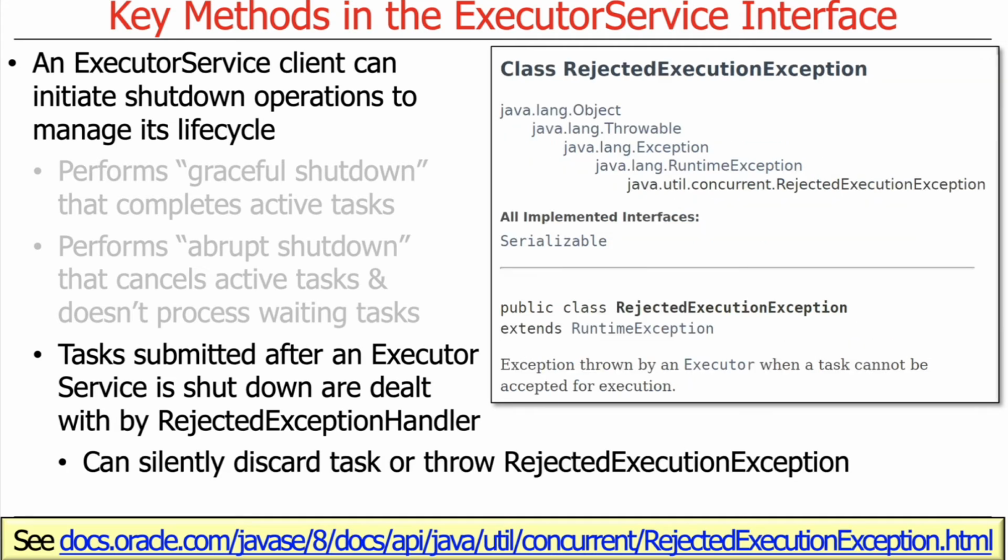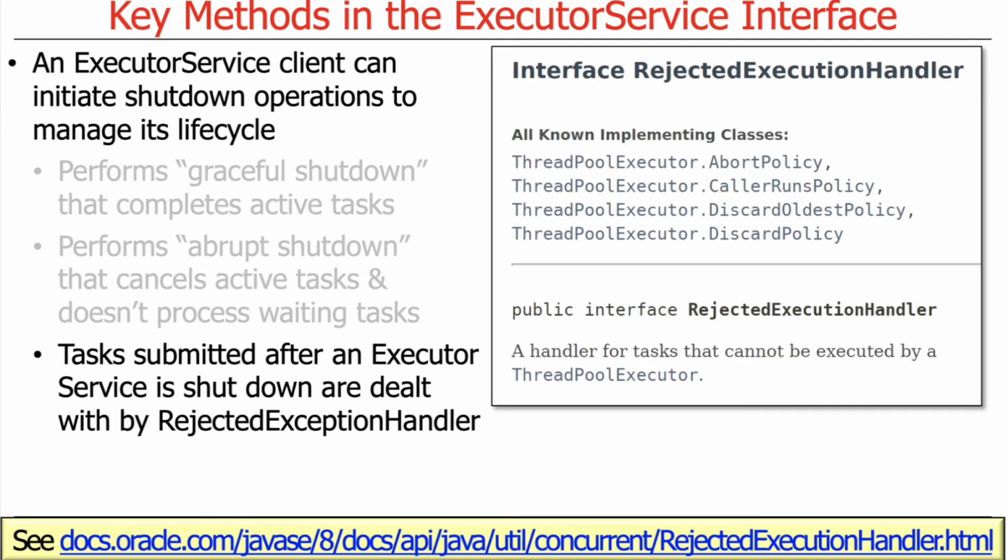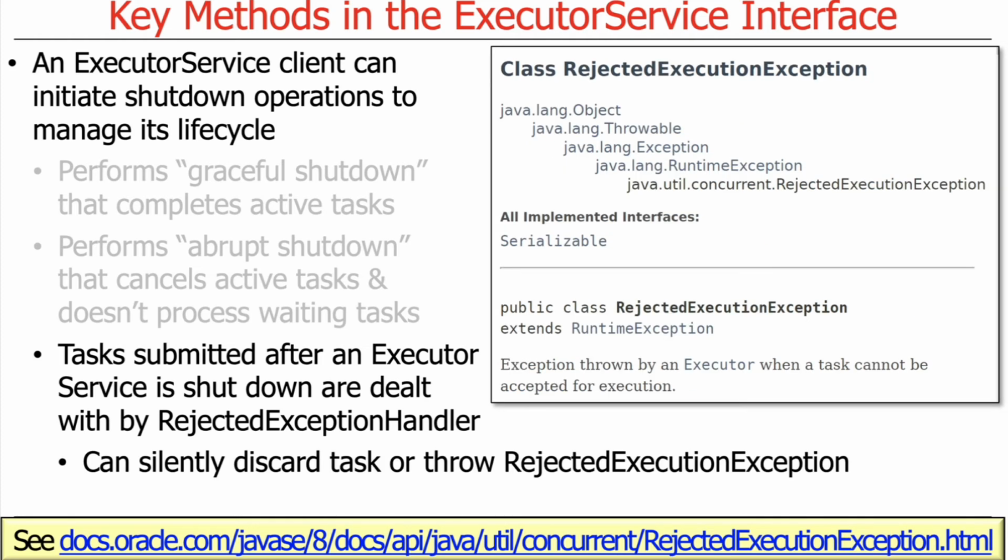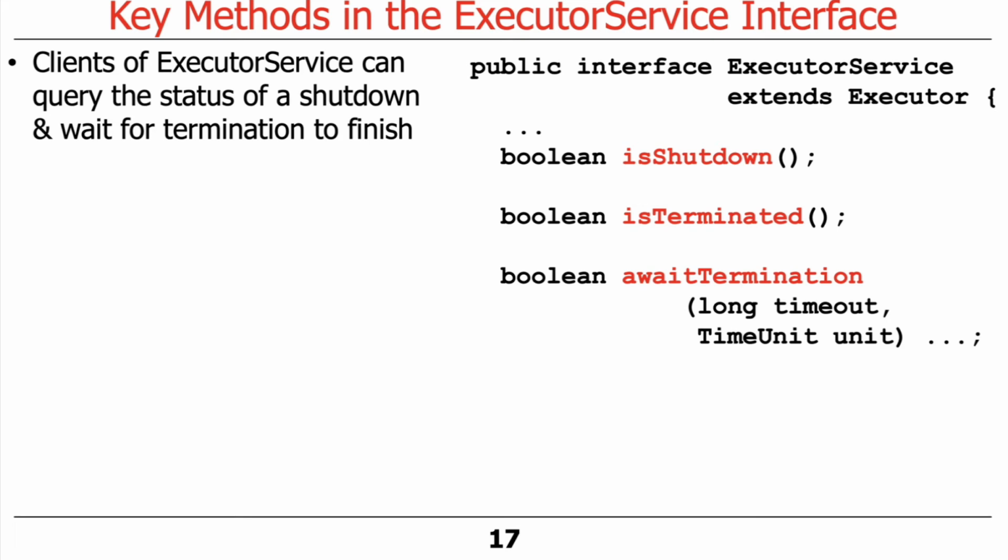The policy for the rejected execution handler can be to just silently ignore things, or you can have it throw the RejectedExecutionException. That's one of the policies, and it will indicate to a caller, hey, someone else has shut this thing down and your task is never going to run. So be aware of that. The person who's using the executor service can decide what those policies should be.